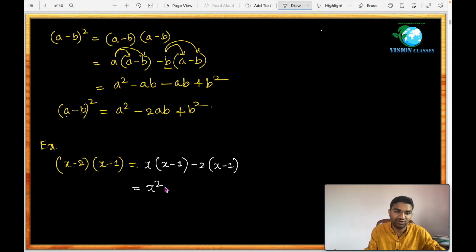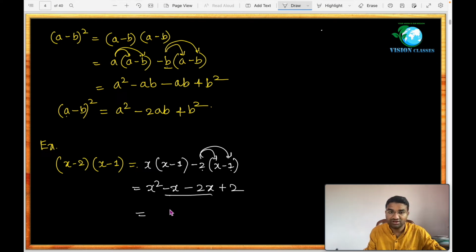So here x square minus x minus 2x, okay? You have to multiply in the bracket as well, so twice x, isn't it? Then next here minus 2 times minus 1, negative negative is positive 2, okay? So here these are like terms, so you can add them, because both are negative you add them and put the negative sign, that's a rule, okay? So x square minus 3x plus 2, that's it. It's easy.